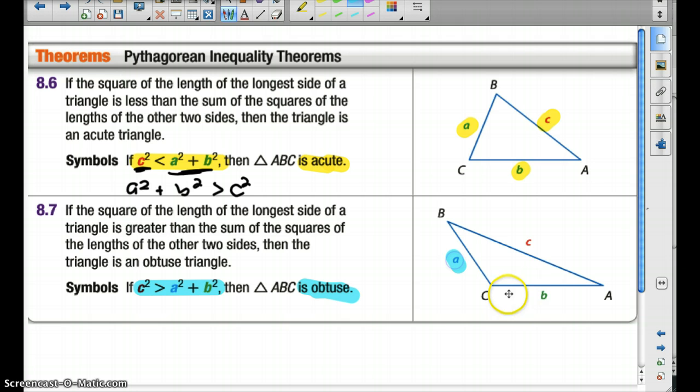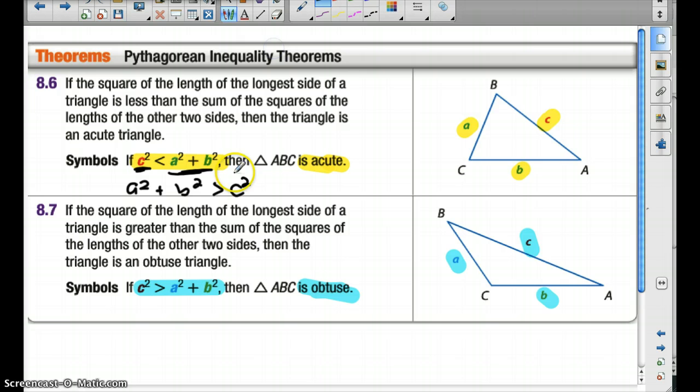So you square the two smaller sides, add them up, and you square the longest side. And if this longest side squared is greater than the other two, then we're going to say it's obtuse. Which makes sense because it's going to be bigger, and so this angle right here is going to be bigger than 90 degrees.